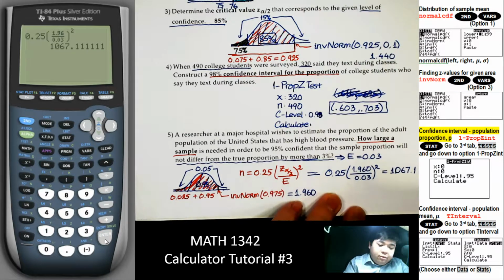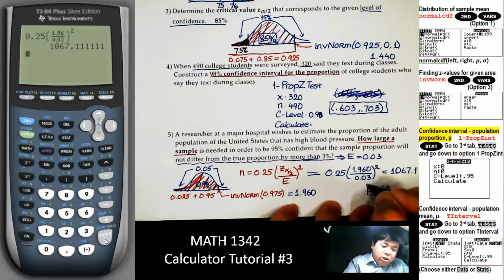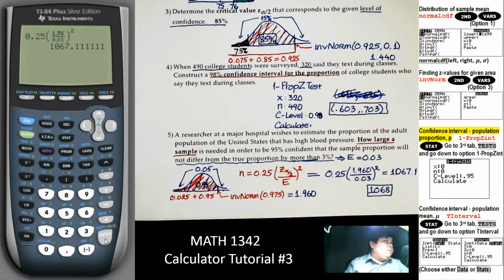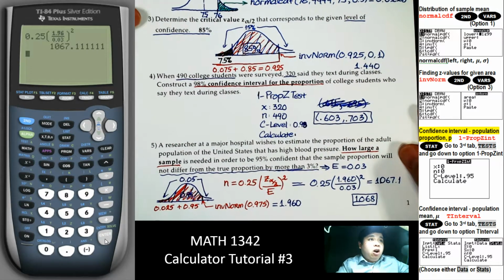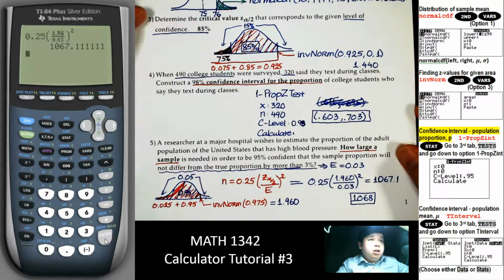And we have 1067.1, and we always round up to 1068, always round up. Right, that's the confidence interval for the proportion and the sample size for that.